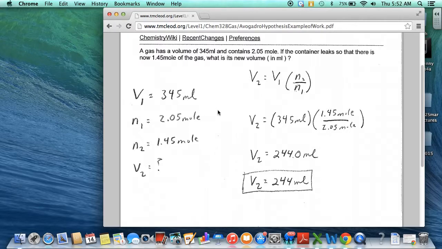Okay. Either way, it's totally appropriate. So that's how you do a calculation for Avogadro's hypothesis.